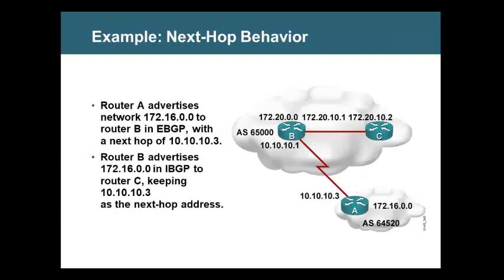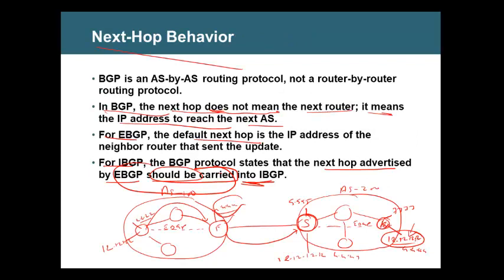Next hop. No, we'll discuss. Learn this command. When I go to that S router and say next-hop-self, meaning put your own address as the next hop to the K router, give your own address, 5.5.5.5.